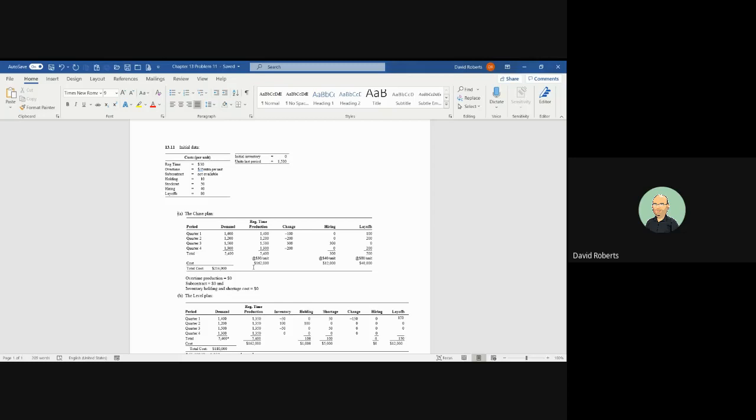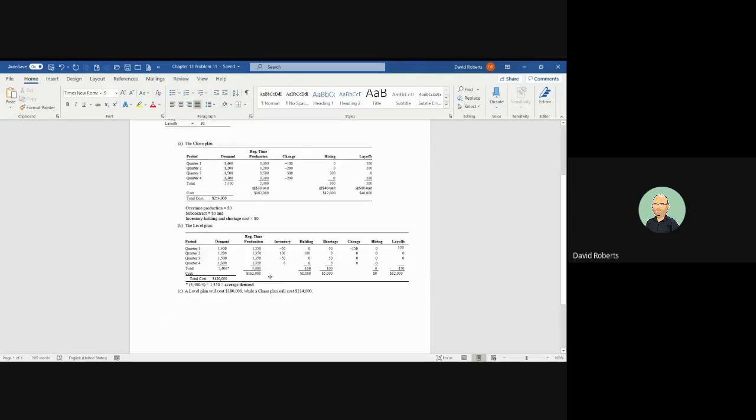Now, with the level production, it is determined you're going to make enough units to neither increase or decrease your inventory. And in this particular case, you simply take the 5,400 divided by 4 and get 1,350 as it's showing you on the screen. So you're going to make 1,350. Now, in this case, we're going to have shortages.